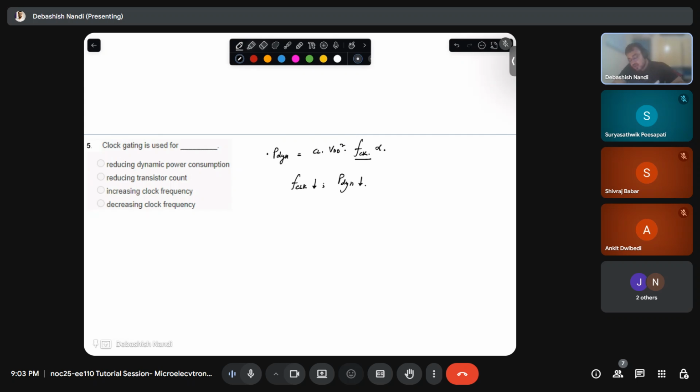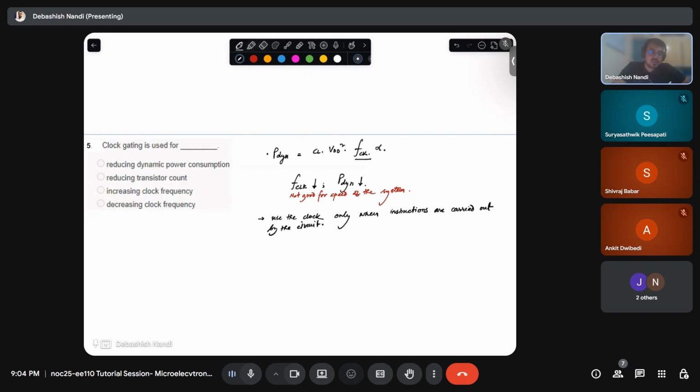So the way out we found is to use the clock only when instructions are carried out by the circuit.